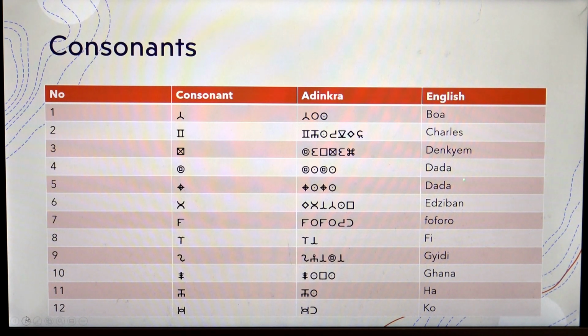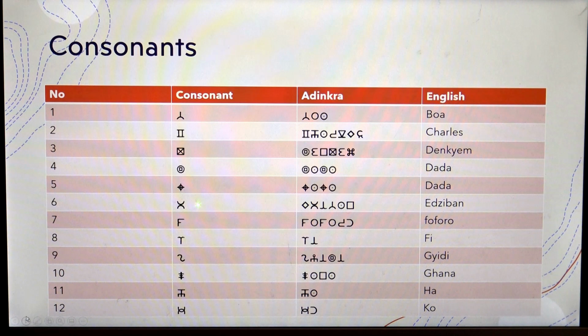But using the Adinkra characters, the first one is dada, as in father, and the next one is dada, as in old.